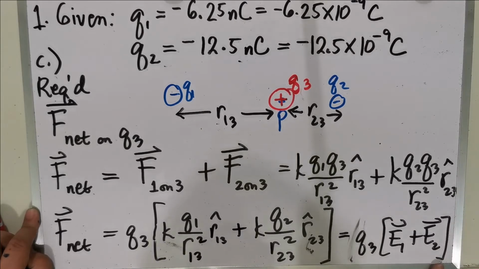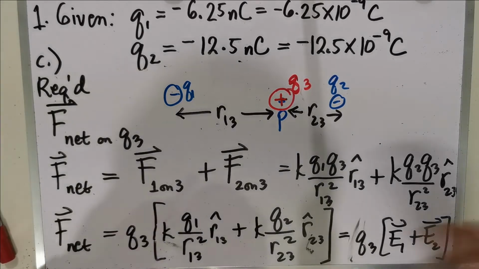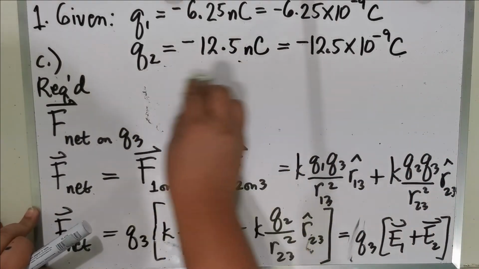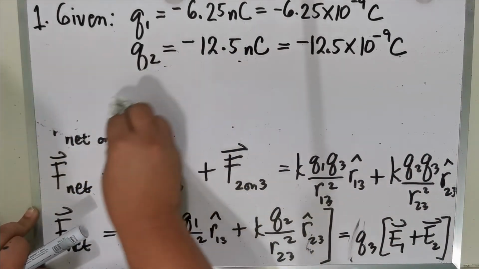E1 plus E2 is already our total electric field.